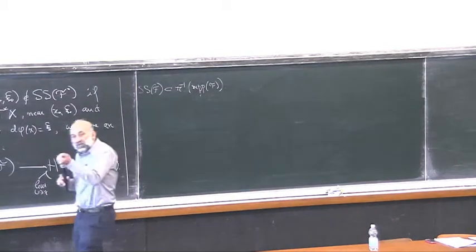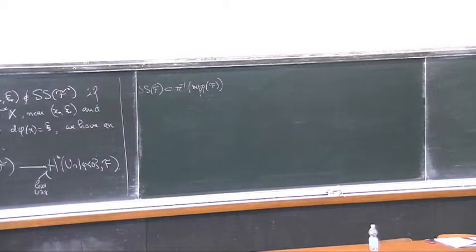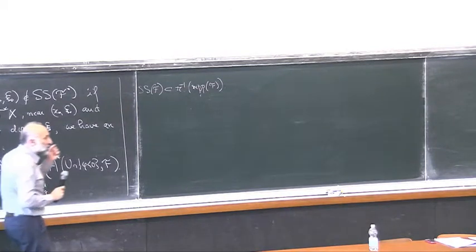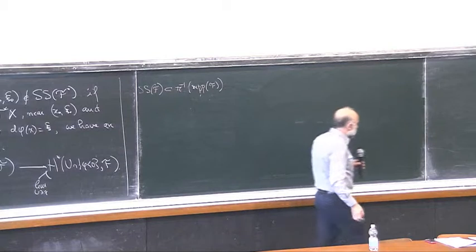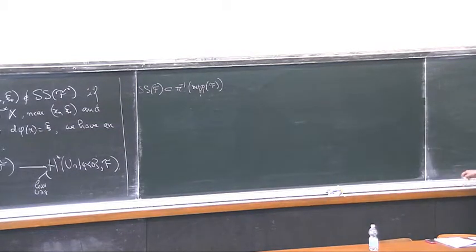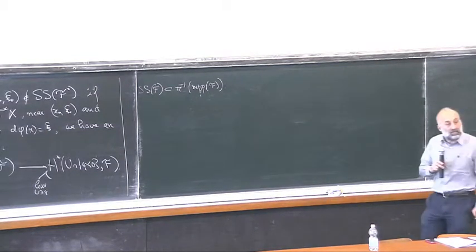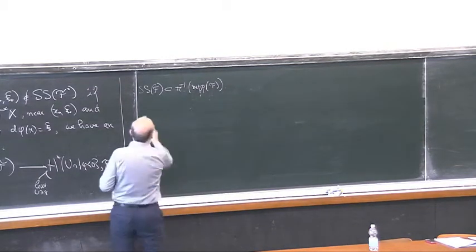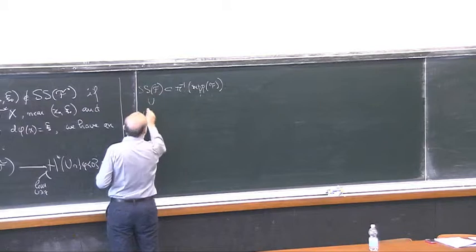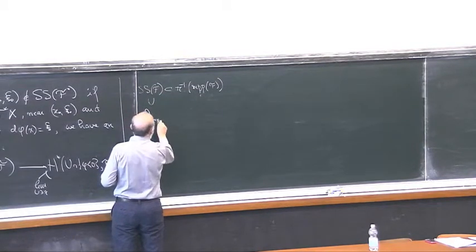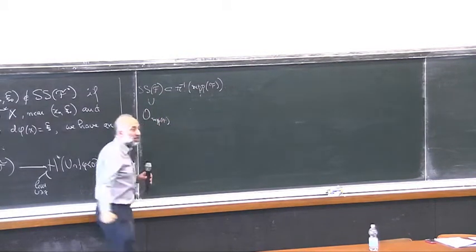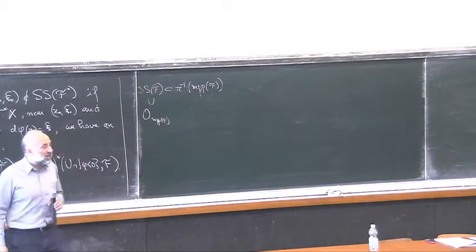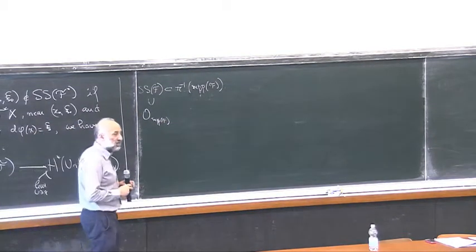So to be in the singular support, you already have to be in the support, okay? But of course, it's more precise than that. It's very close to the microlocal point of view. Moreover, this contains the 0 section, so the set of points (x, 0) with x in the support.